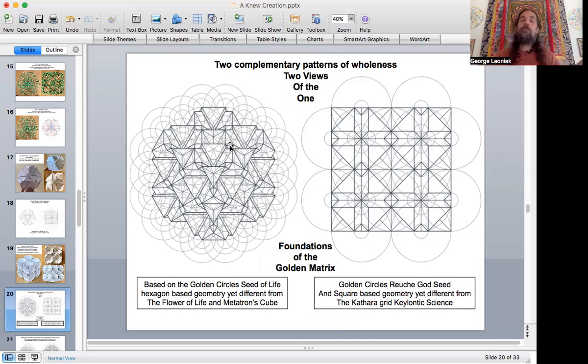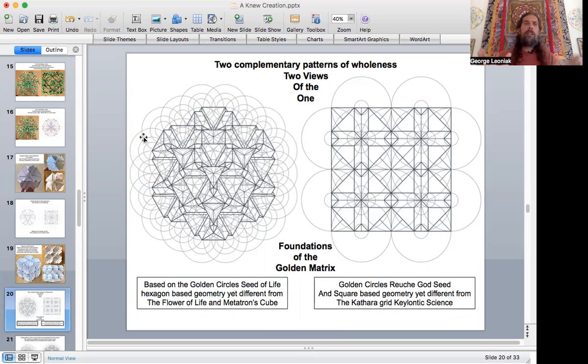The two patterns, the two complementary versions that are similar to this Cathara Keylontic grid of the Ruche God seed, and this one over here, which is based on something new, because it's based on the golden circle seed of life, but no one's really, that I've seen, expanded the circles out in a pattern that will continually produce these shapes in a network of the golden matrix that's going to produce all these scale invariant forms like I've been showing.